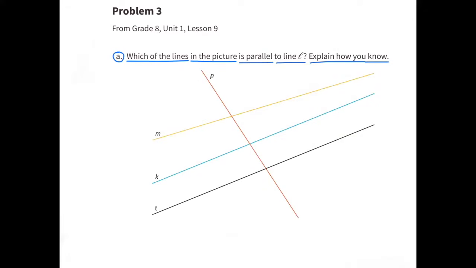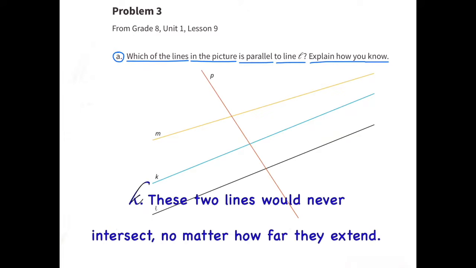Number 4. A. Which of the lines in the picture is parallel to line L? Explain how you know. K is parallel to line L. These two lines would never intersect, no matter how far they extend.